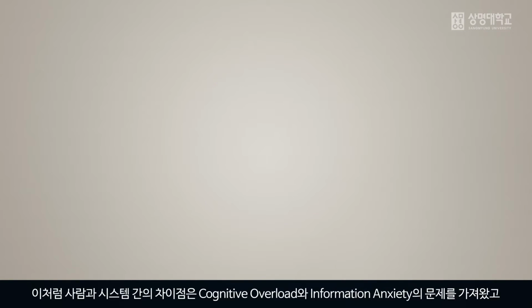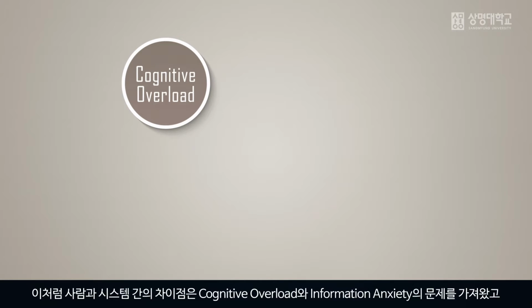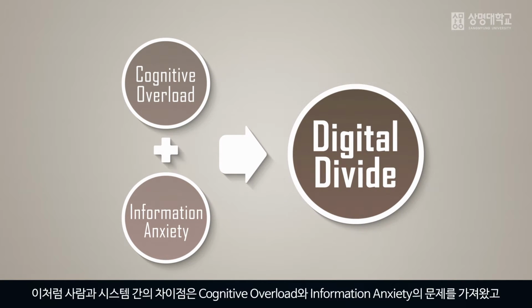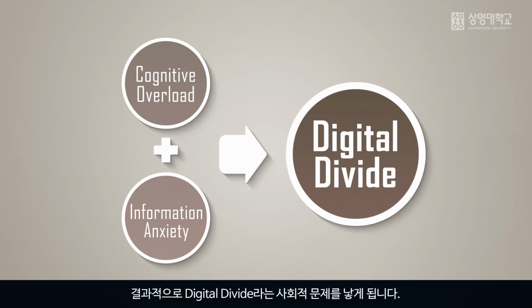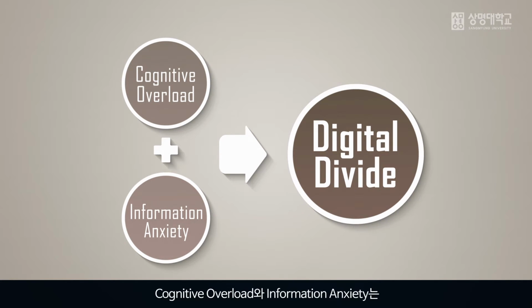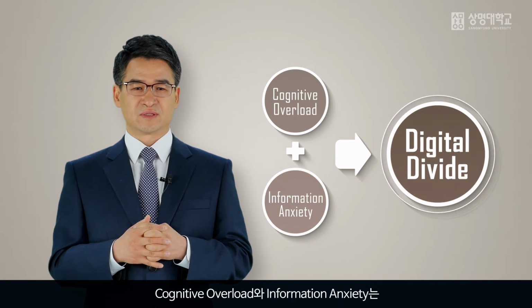Here are another couple of theories. They're called cognitive overload and information anxiety. As you can see from the meaning of the words, people are really challenged cognitively because when they have to process a lot of data, they cannot process it. So we call it cognitive overload. The second theory is called information anxiety.